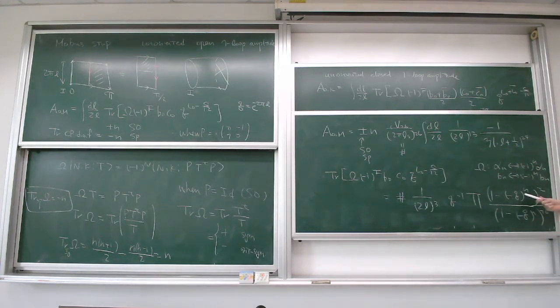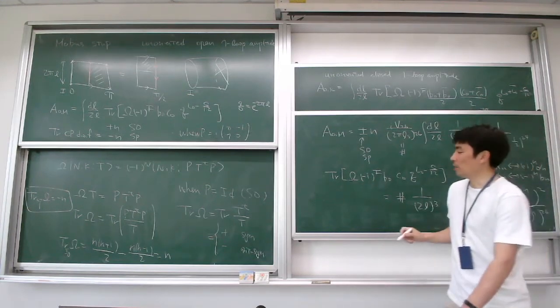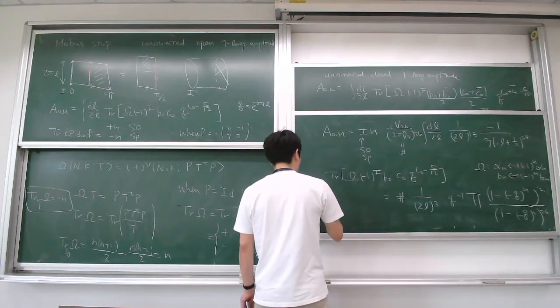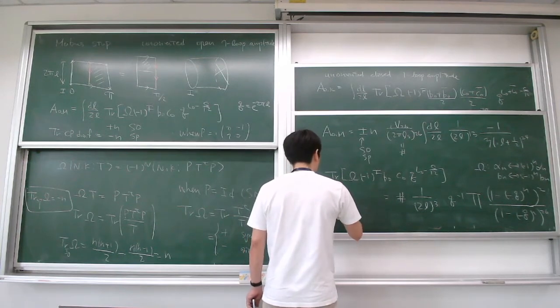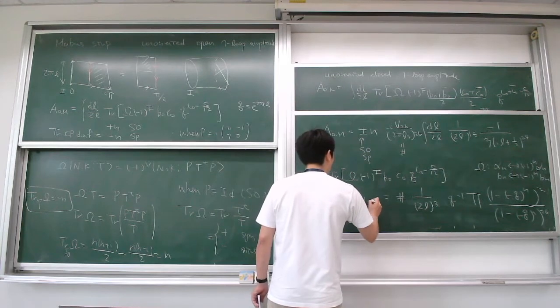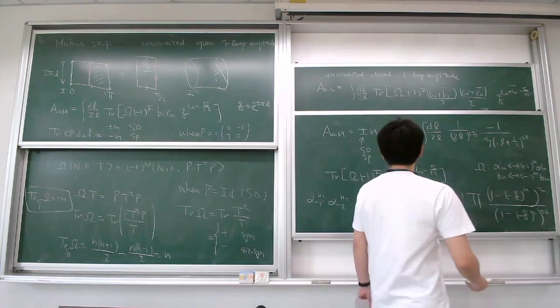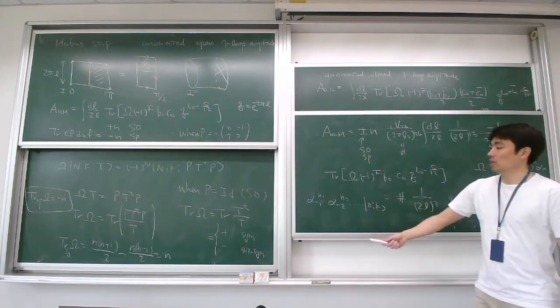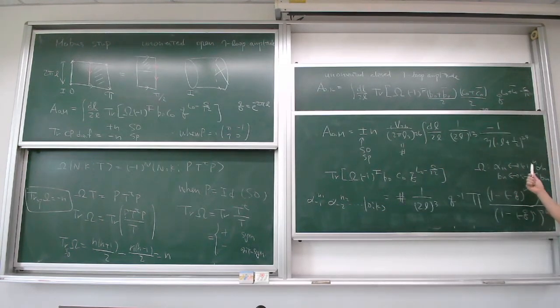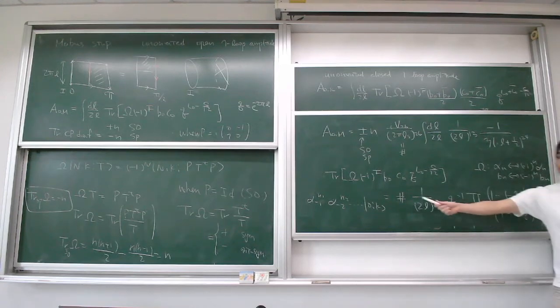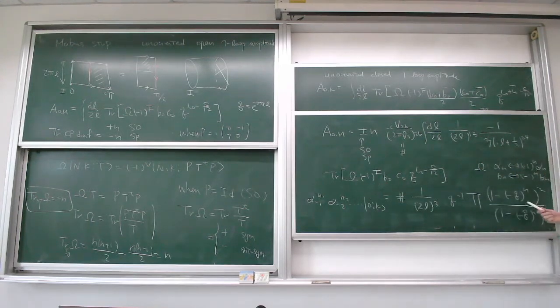When you count the states acting on the vacuum at level n, we did a number of times this exercise, once you apply this omega, depending on the level you get the minus sign due to the presence of omega. So in front of q to the n, you have to put the minus sign.